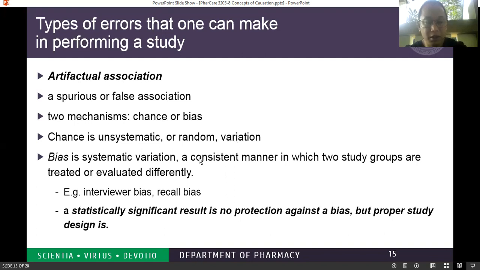Also, there are a lot of types of bias. For example, there is interviewer bias or recall bias.